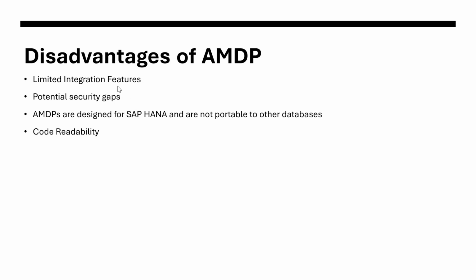Like in CDS views, we can integrate the OData service using one annotation, which is OData published true. This one also we have discussed in our previous video. So if you don't know how we can achieve that, please watch that video.